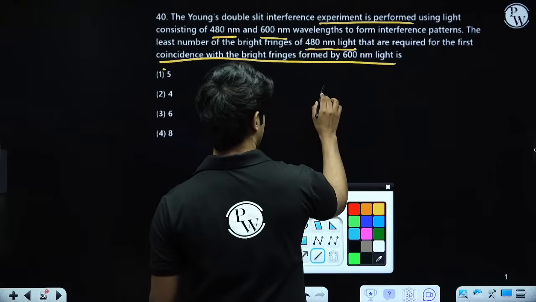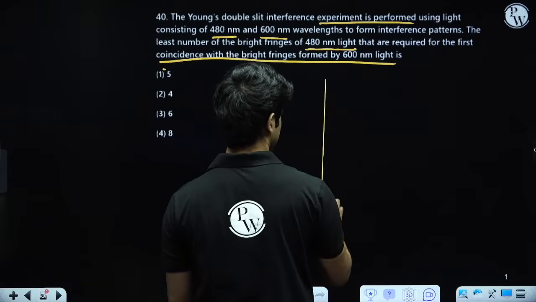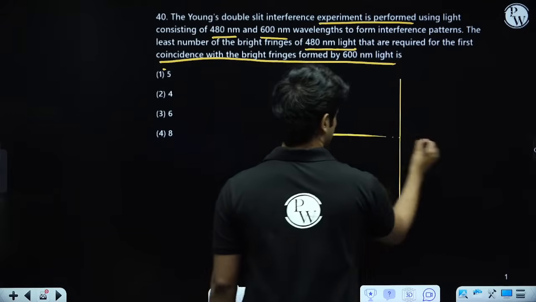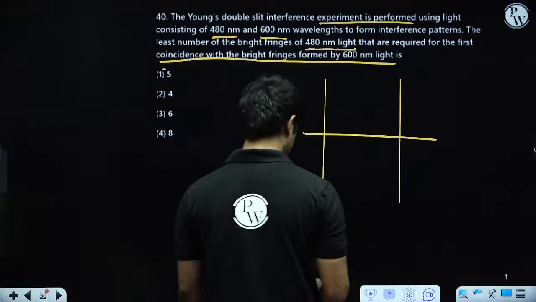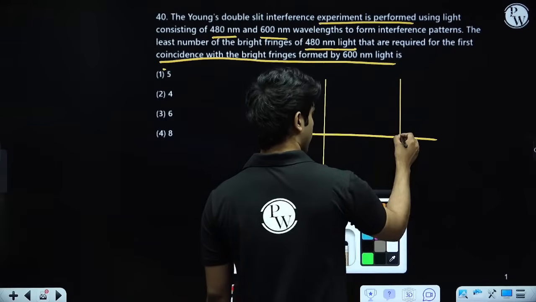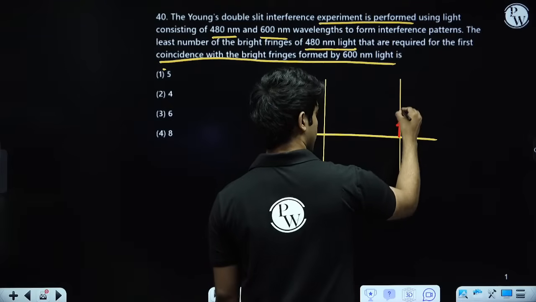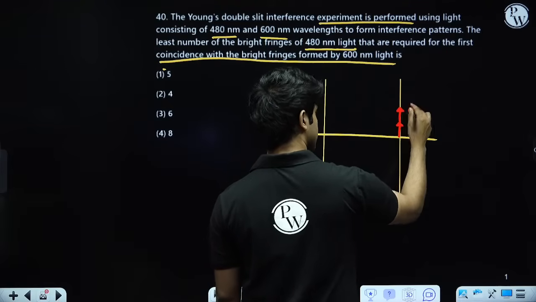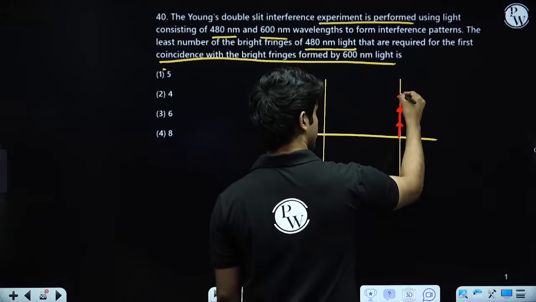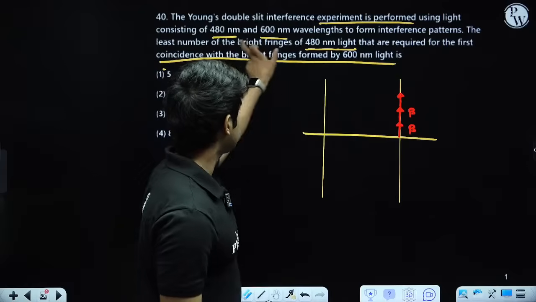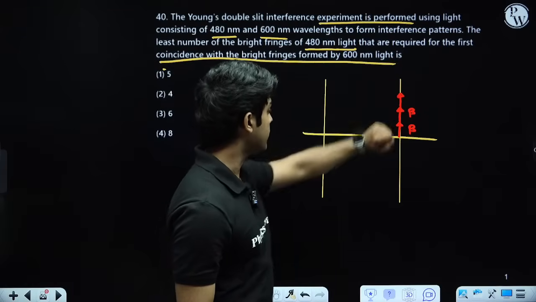So basically the YDSE setup. So let's say this is the screen. So this is the central maxima line. So if I go fringe width beta distance above, we'll get the first maxima. If we go another beta distance above, we'll get the second maxima, and so on, right? So what they're asking is the least number of bright fringes of the 480 nanometer light.